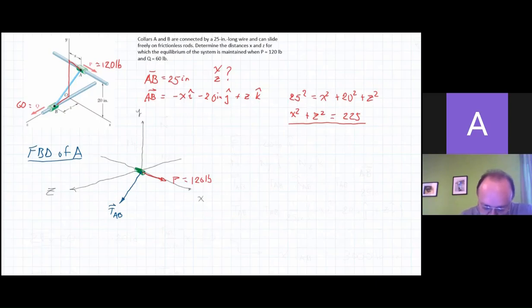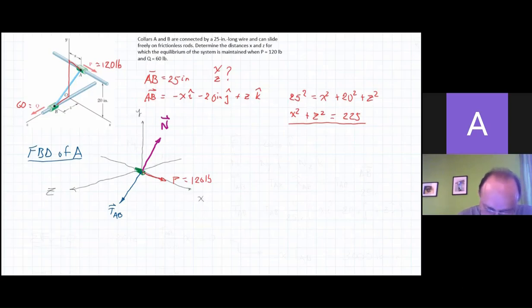which we know, since the rod is frictionless, has no component on the x-axis. So that force has to go into the YZ plane because that force is perpendicular to x. So let's put it here. Let's call it N, a normal force perpendicular to the rod. We don't know what that force is or in what direction it goes, but we just assume any direction that we want, and then if we need to find it, we can find it.